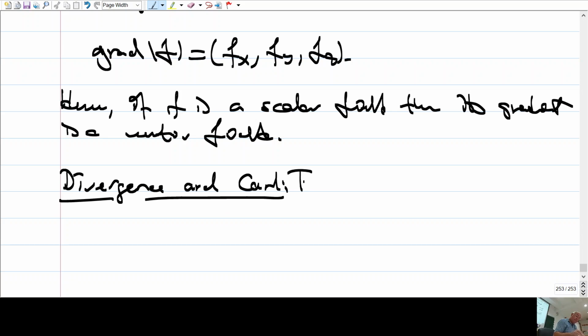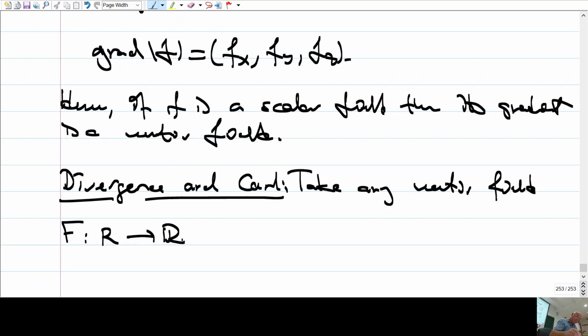Take any vector field F in R3, let's say, or R2.